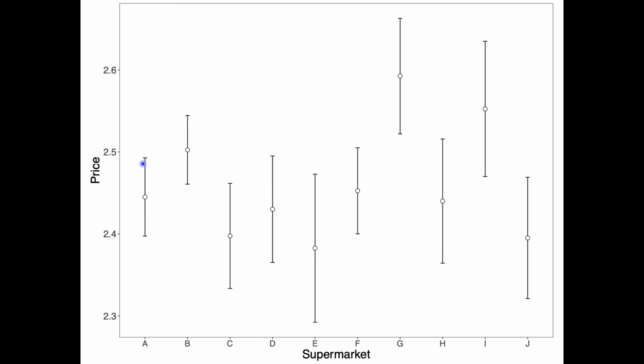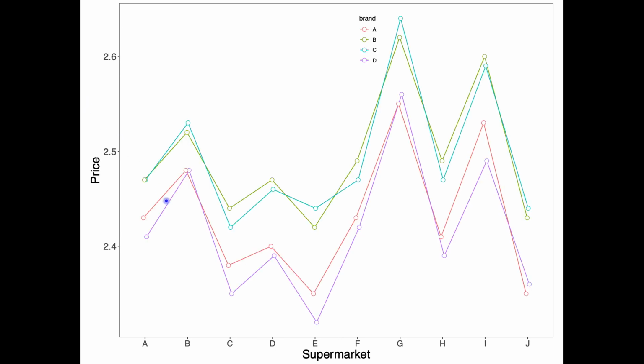But you can still do it, and it'll give you whatever it can. And when you plot that, it gives you how brands vary in price across supermarkets. But what you notice about each of these points is that there's no error associated with them. It's just plotting the data points.